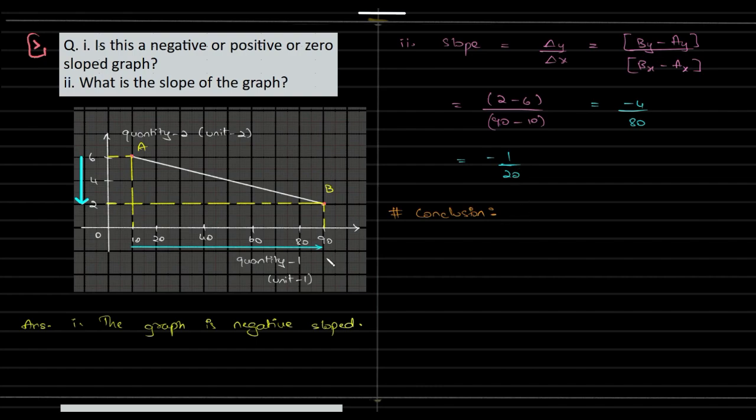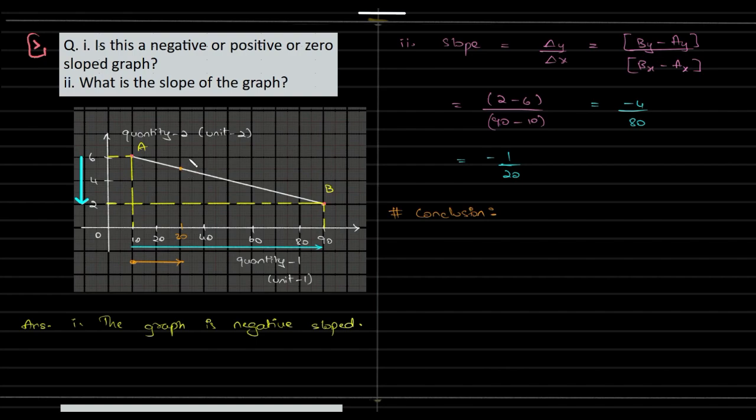That is, if I shift 20 units, like say, let me show you here itself. 10 to 30, it's clear. So we have shifted by 20 units, right? 10 to 30, we have shifted by 20 units over here. And we can see that y is decreasing from 6 to 5.5.